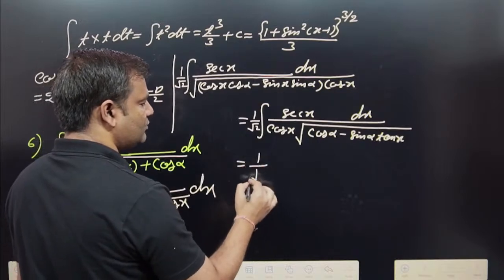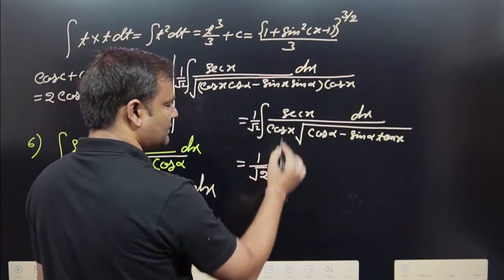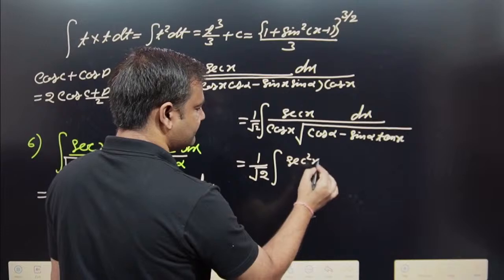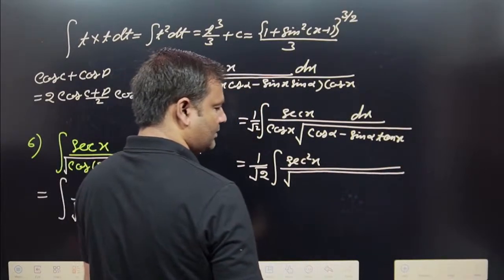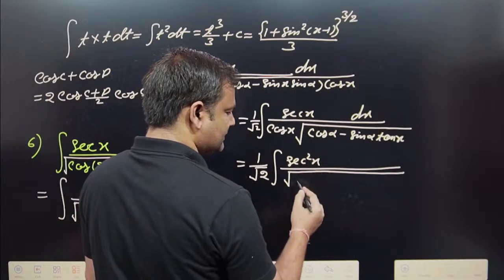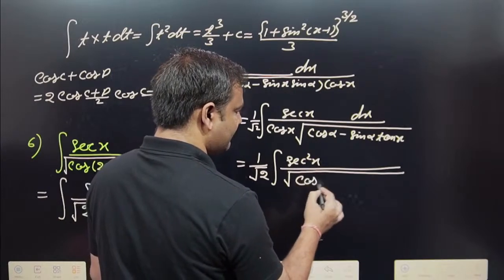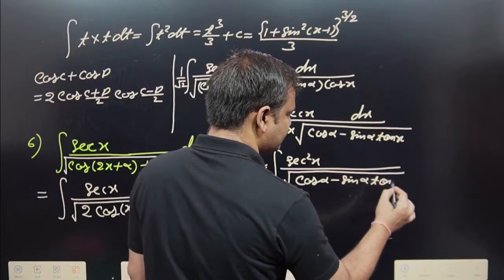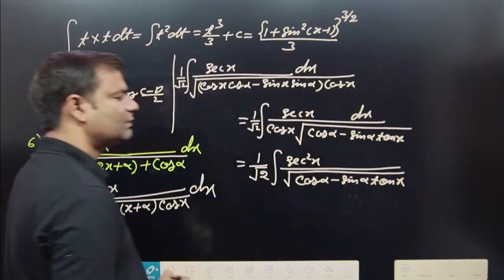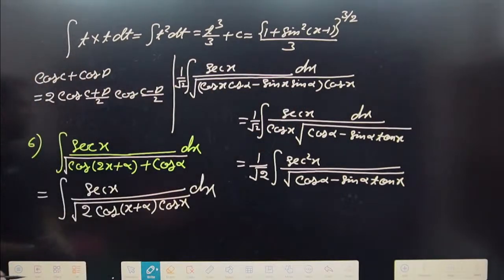Then 1 by root 2, here sec square x under root of 1 upon under root of cos alpha and here sin alpha into tan x. I hope that is clear, into dx.